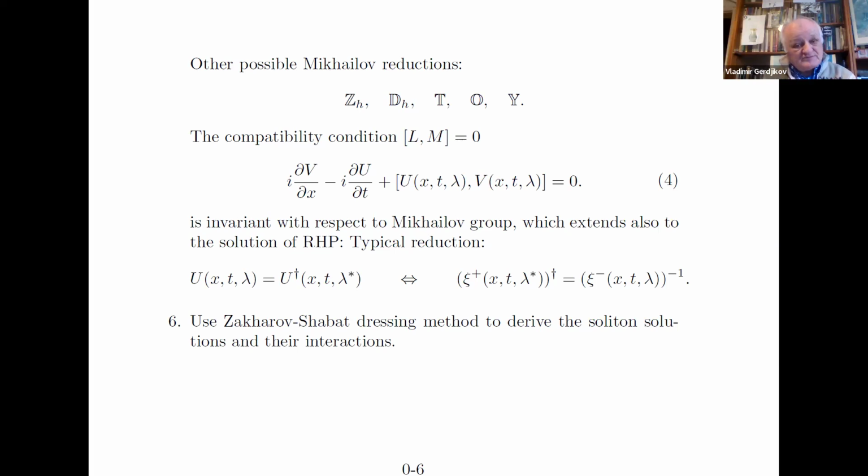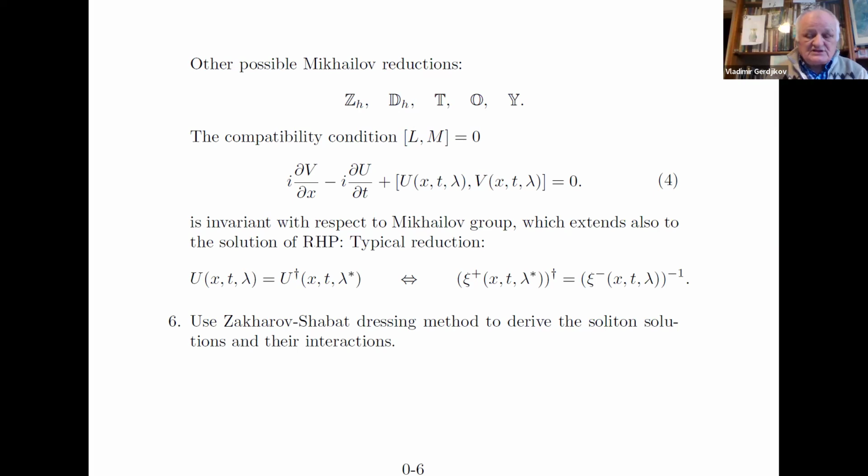Well, since the Mikhailov group must be a subgroup of the conformal group acting on the spectral parameter, we can have these choices for Mikhailov groups: Z_h, dihedral D_h, and the Platonic solid groups, tetrahedral, octahedral, and icosahedral.